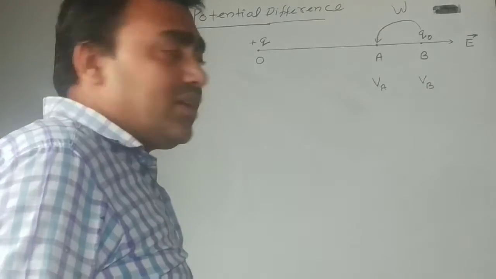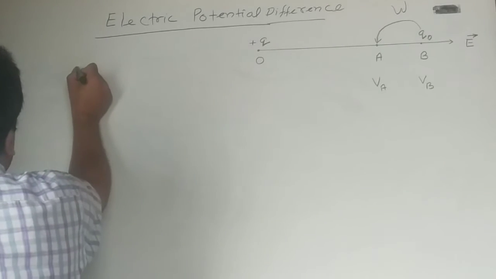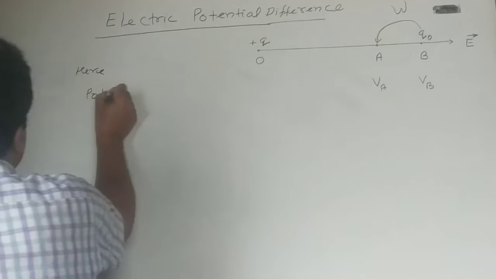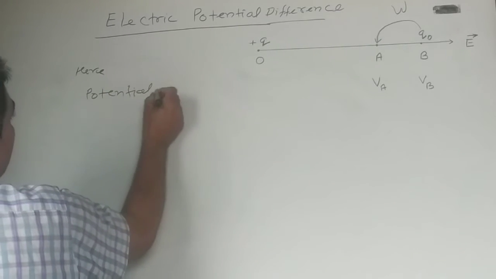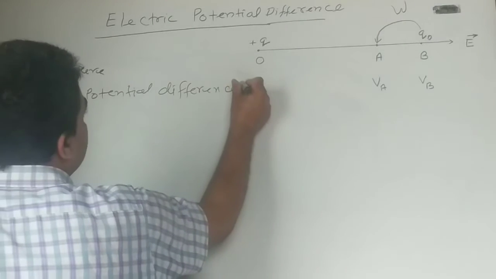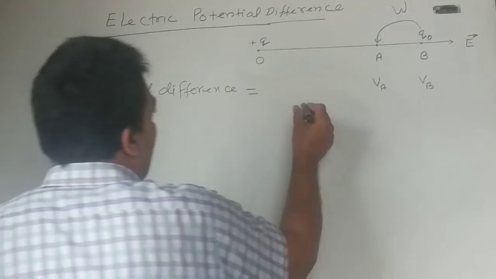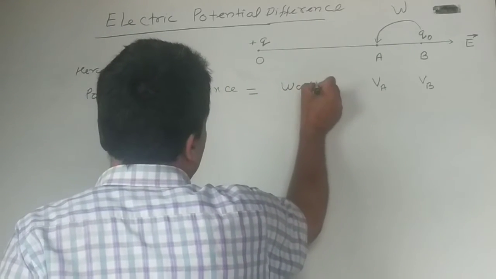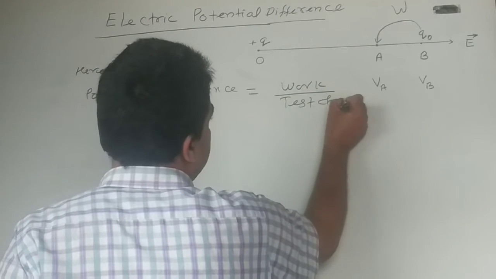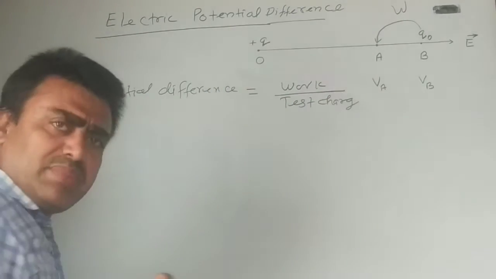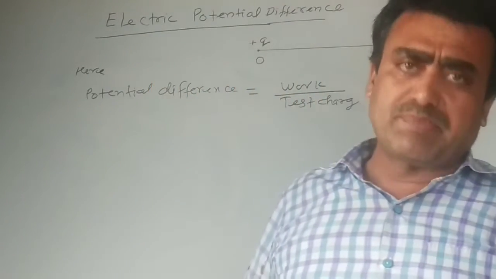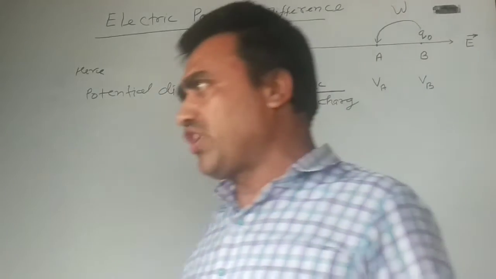Here, potential difference is equal to work upon test charge. Test charge is a special type of charge which is mainly used for experimental purposes.